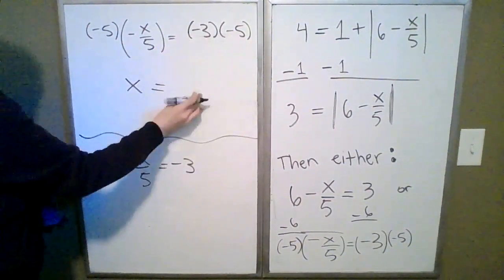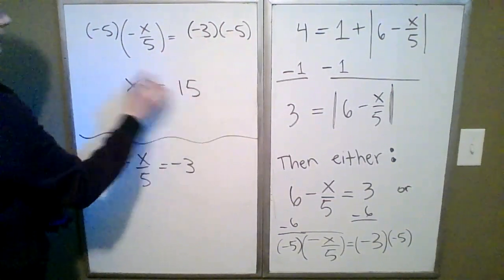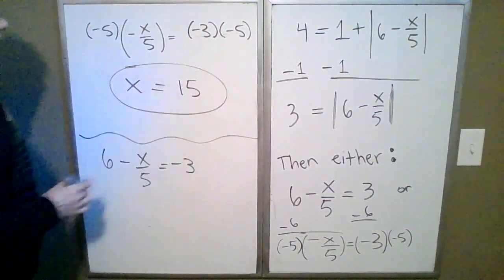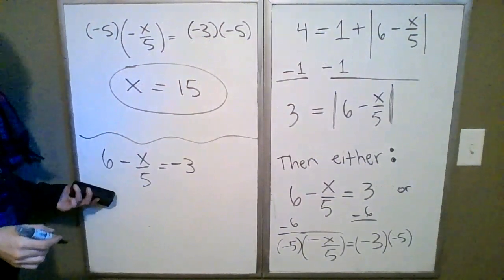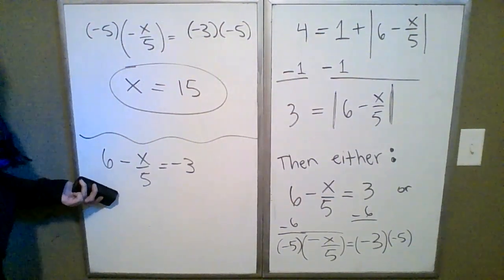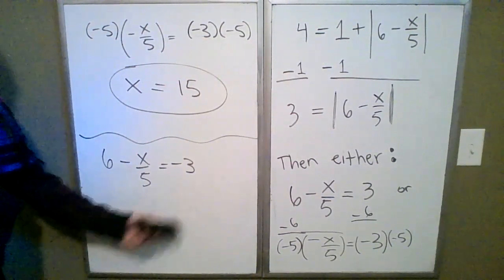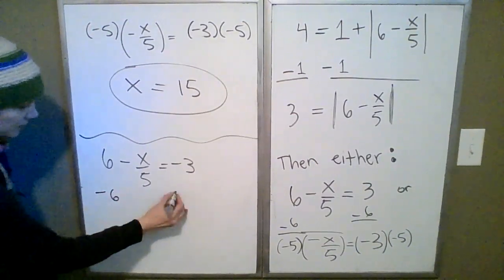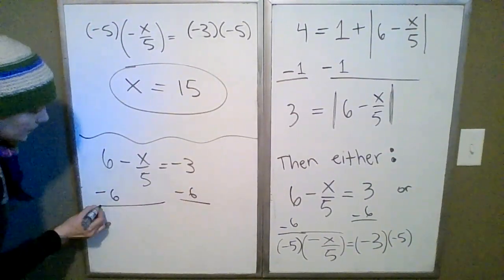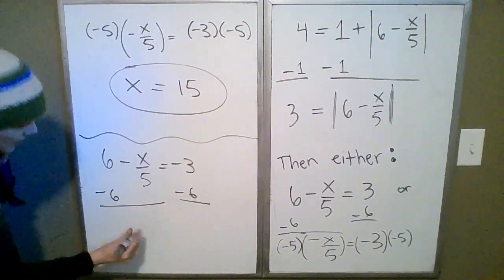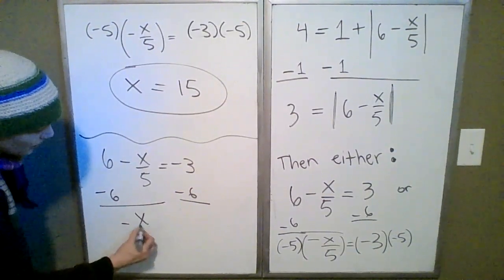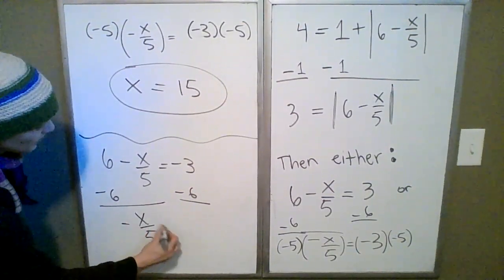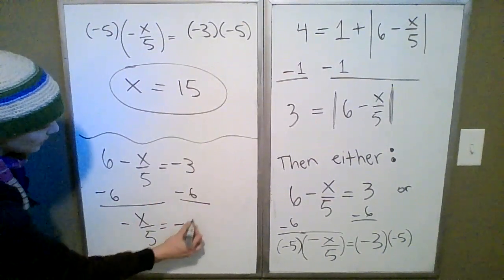Negative times negative equals a positive 15. And then we can do the other equation. So subtract 6 from both sides. Negative x over 5 is equal to negative 9.